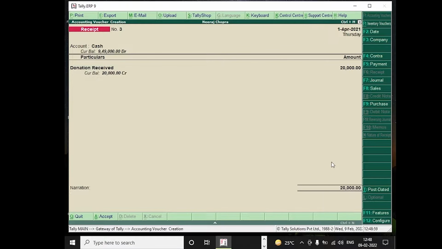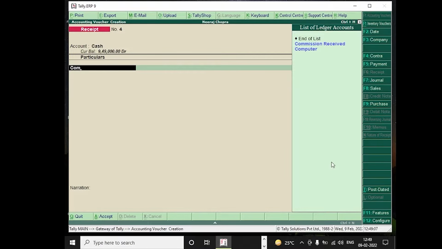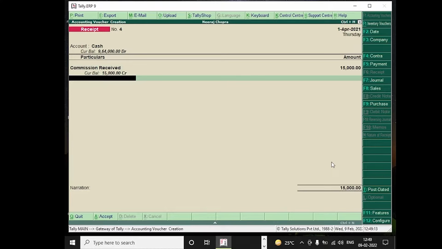Press enter and accept this. Commission received. Cash. Commission received 15,000. Press enter and accept this.